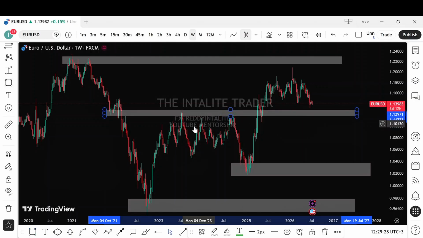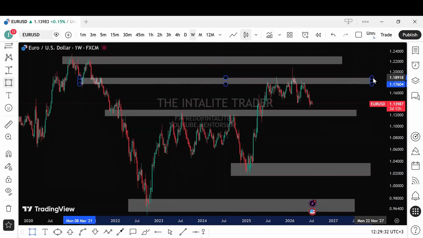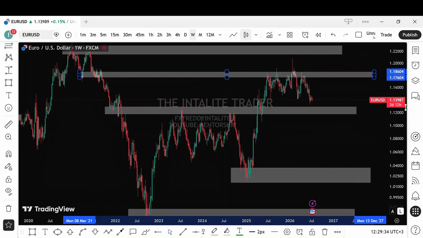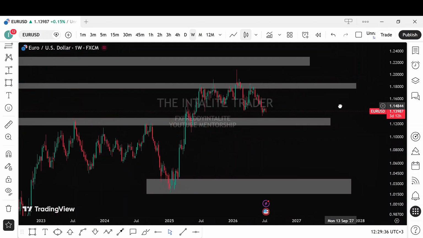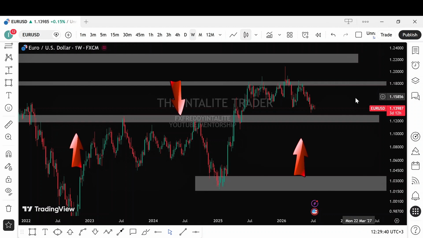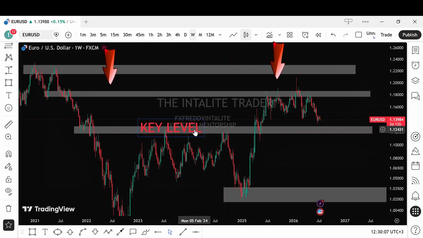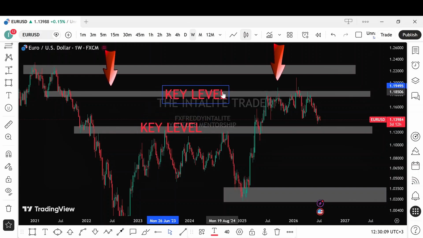This is a key level. Then we can also say this is a key level here. So if we mark these levels, this is a usual key level, and then this is also a key level here.